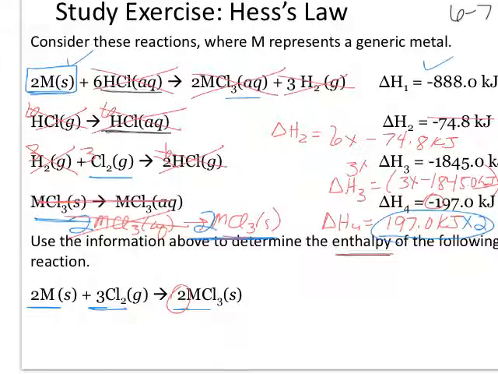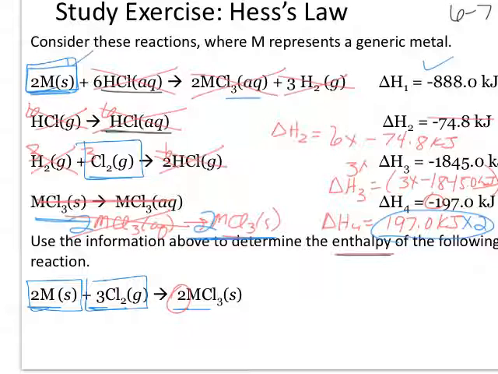So it looks like I'm good. If you add these up, you would have 2M solid. These are all X'd out. 3Cl2 is on the reactant side, reaction arrow, and then 2MCl3. So when you add all these up, they total this final equation here.